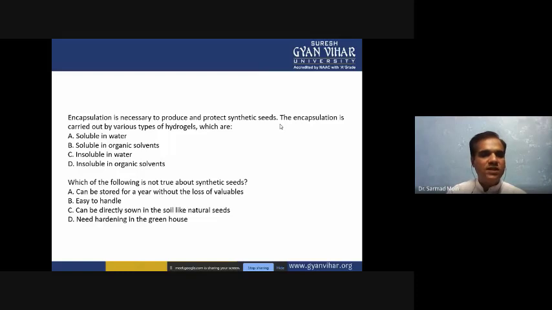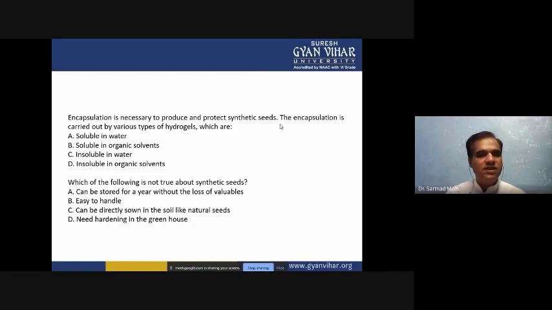Then next question: encapsulation is necessary to produce and protect synthetic seeds. The encapsulation is carried out by various types of hydrogels, which are option A, soluble in water, option B, soluble in organic solvents, option C, insoluble in water, option D, insoluble in organic solvents.